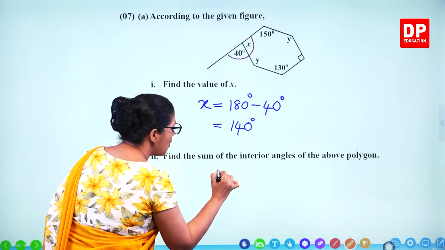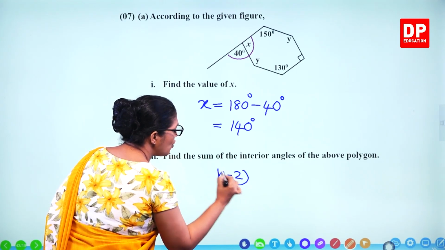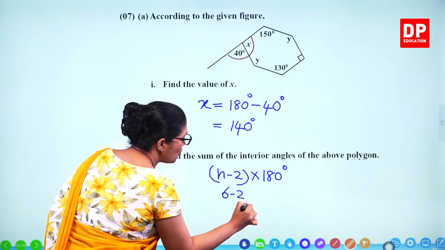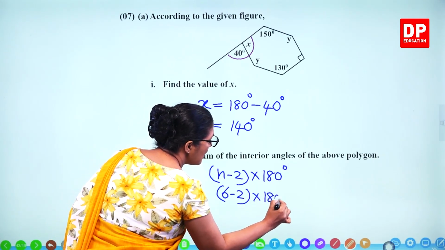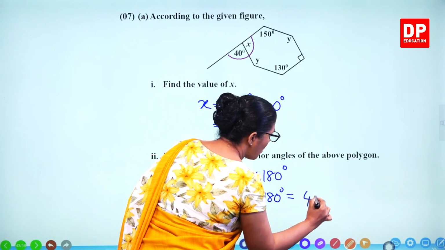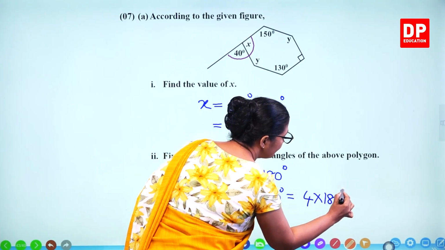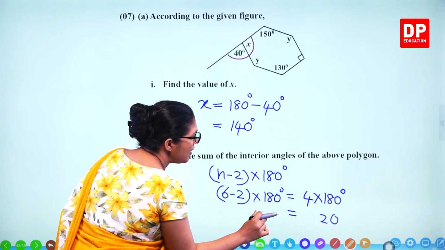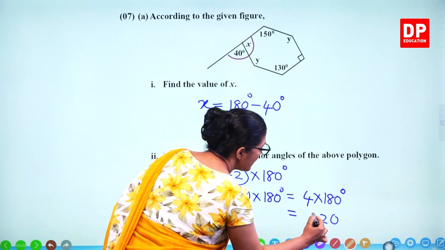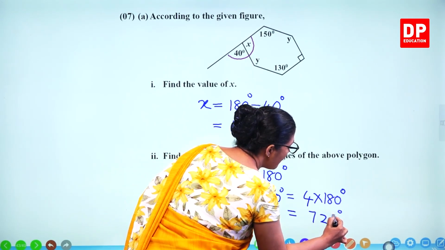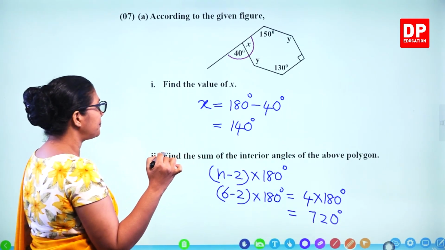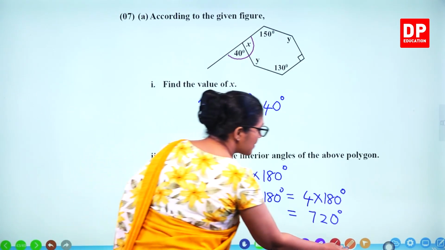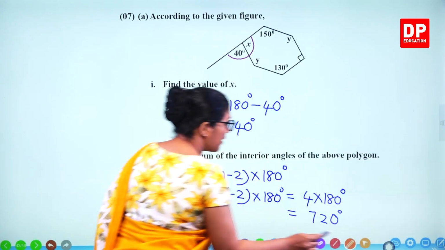You can use the formula, n minus 2 into 180. n is 6. 6 minus 2 into 180 is equal to 4 into 180. 4 times 0, 0. 4 times 8, 32. 3 remaining. 4 times 1, 4 plus 3, 7. 720 degrees. So that's the sum of angles in the hexagon.